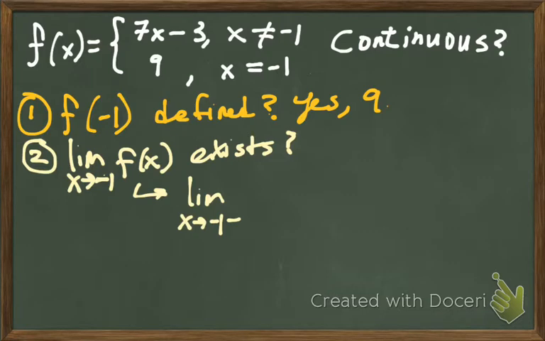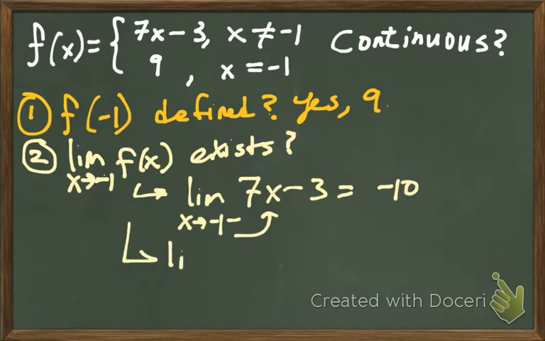It's a number slightly less than -1, meaning -1.0001. Not -1, meaning use the top rule. So that's 7x minus 3. Direct substitution, that's -7 minus 3. That's -10. From the left, I get -10.